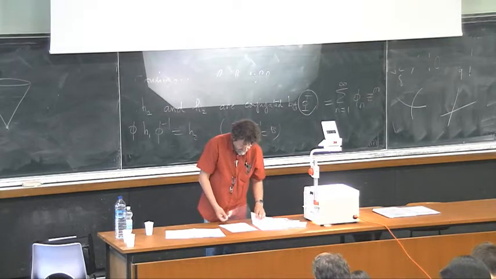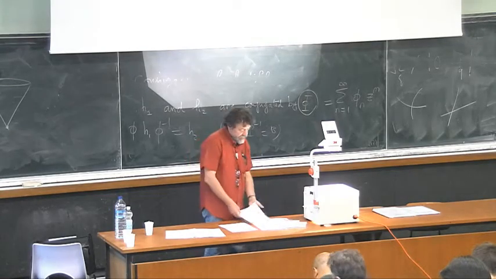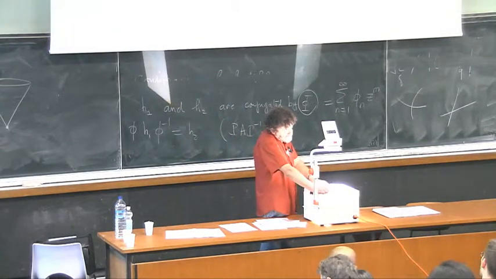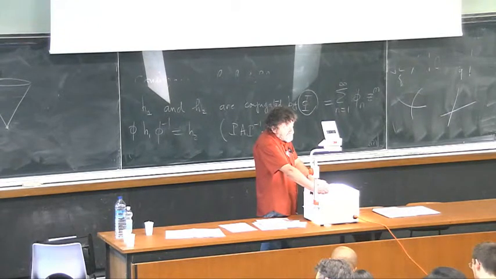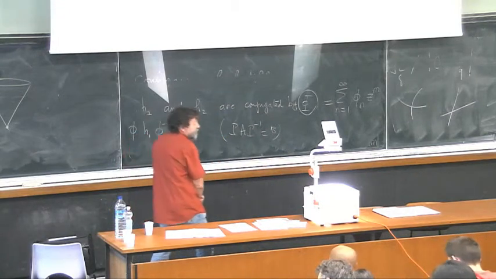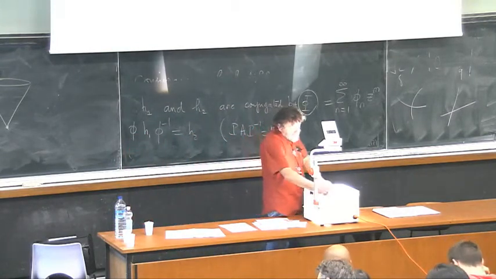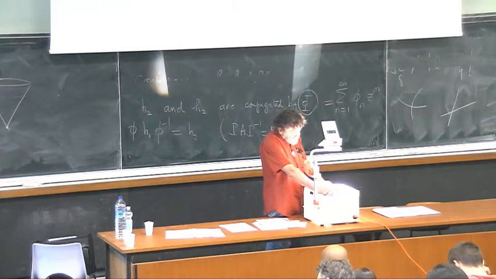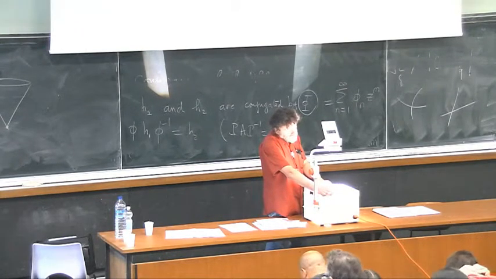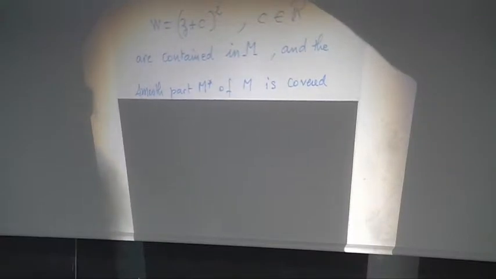And there is a fact which says that there is an explicit family of curves, a family of complex parabolas, which are contained in M. It's easy to compute. It's a direct computation. And it's easy to see that the union of all these parabolas gives all the hypersurface, maybe the smooth part, okay.